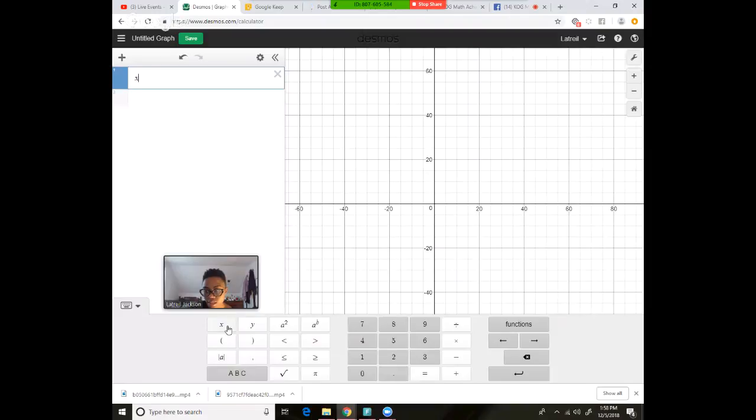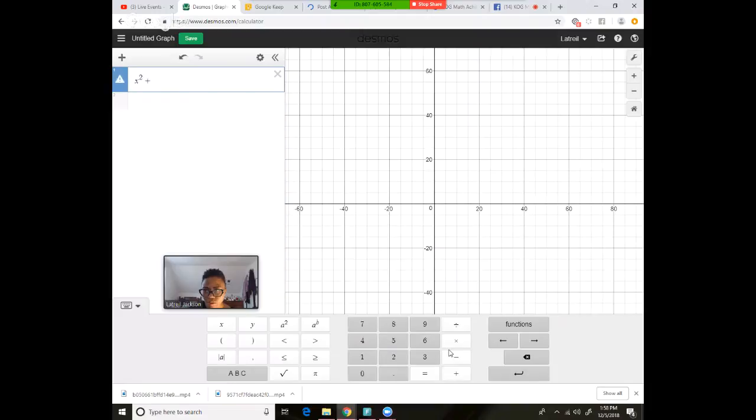So we go to this button where it says a to the b. We can also do a to the 2. A to the b is like if you have an exponent that's more than 2. So we can do a to the 2. And then I would press plus. What's the equation again?